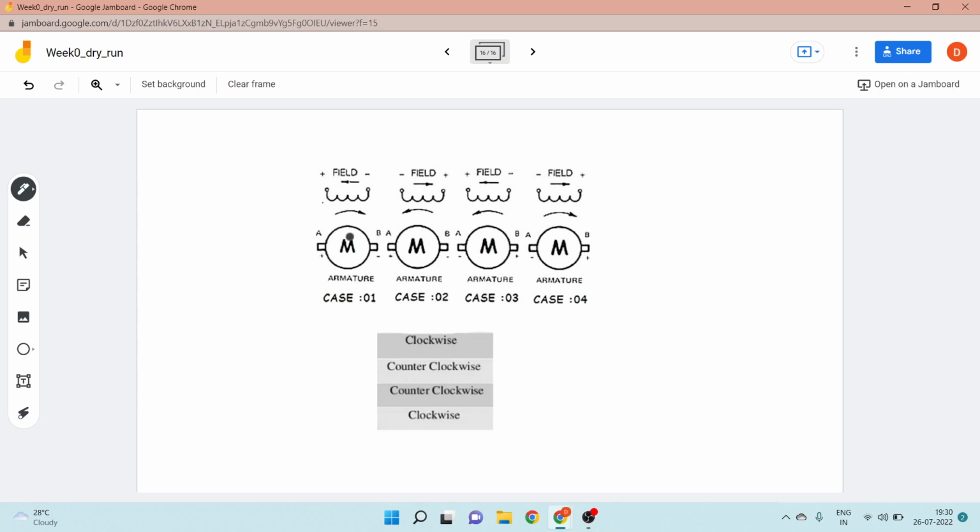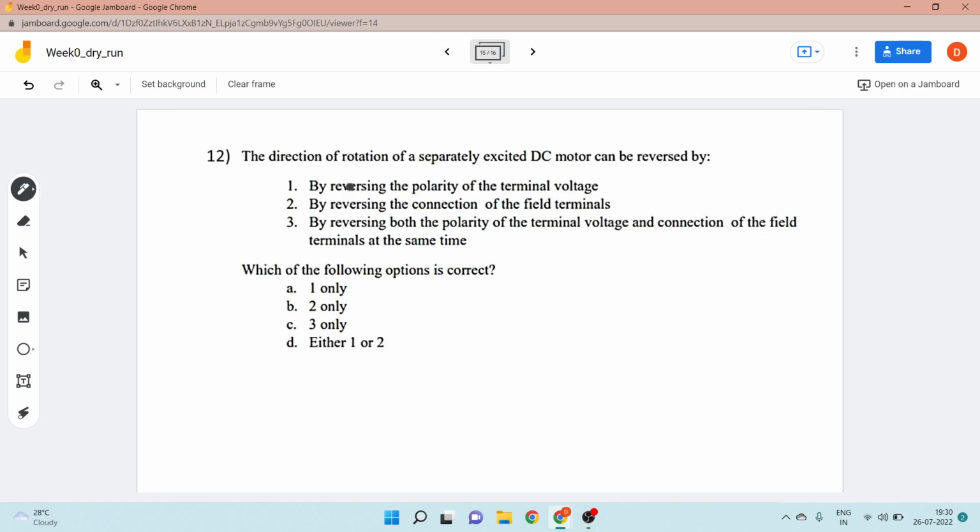If we change the current direction, by Fleming's right hand rule, the force has to change because the three of them have to be mutually perpendicular to each other. So by reversing the polarity of the terminal, the direction of rotation can be changed. Also, if we change the connection of the field terminals, the direction of rotation will change, but not at the same time. So the option will be D, either one or two.